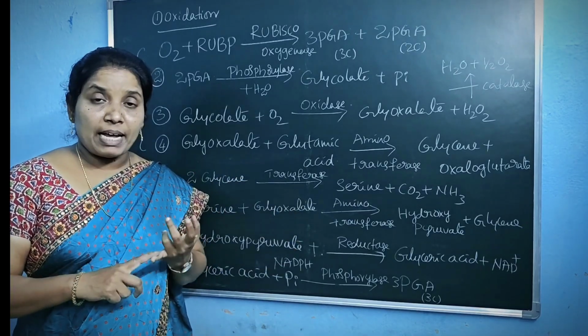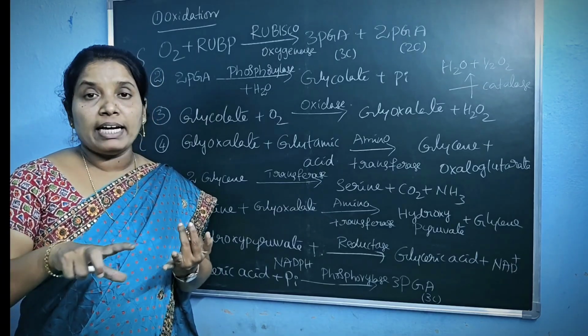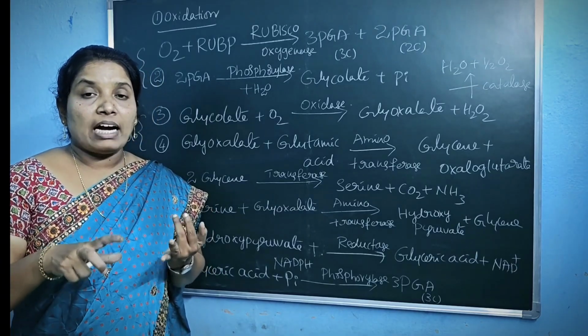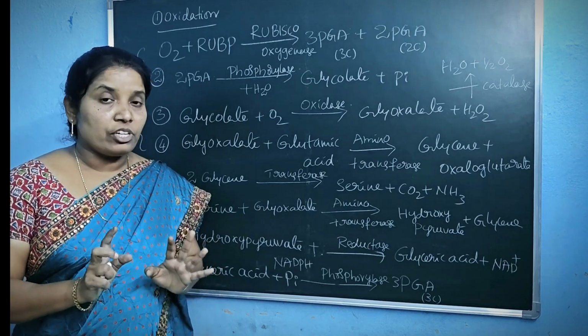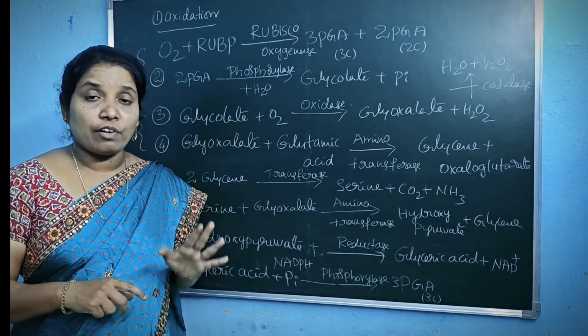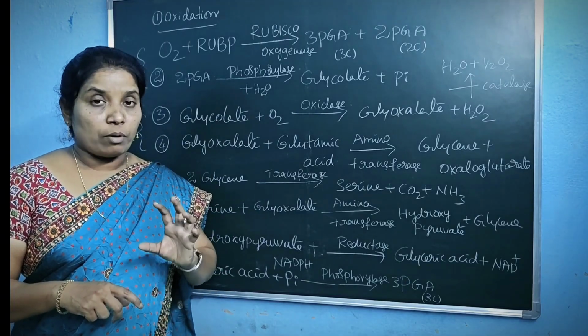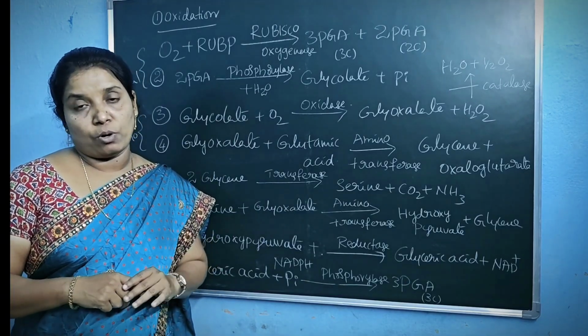In case of CAM plants and C4 plants, CO2 is accumulated in the cells, so that facilitates the carboxylation reactions only. In case of bundle sheath cells, there is a release of CO2 in the bundle sheath cell itself, so that promotes the carboxylase activity of RuBisCO.